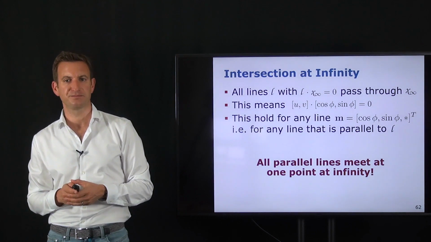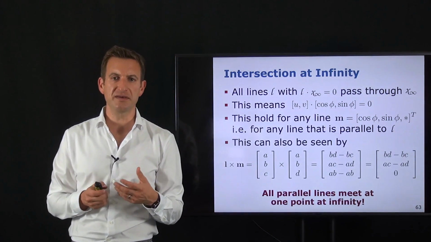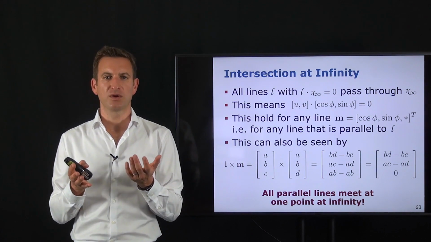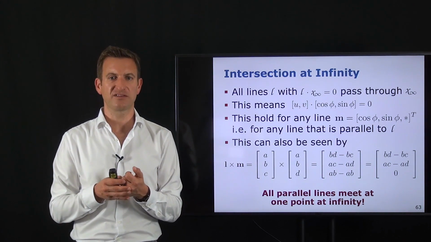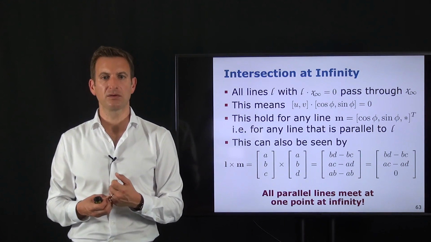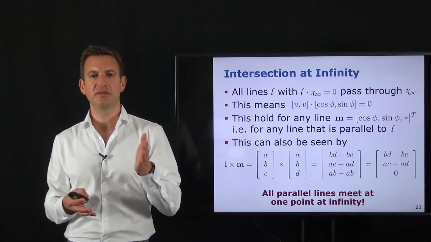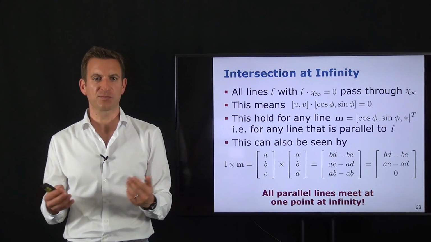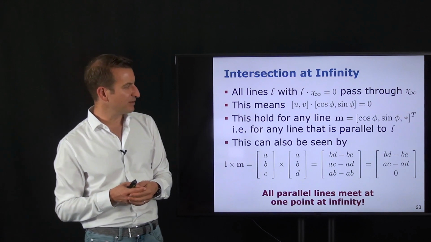If we have parallel lines, those parallel lines will intersect in one single point which is infinitely far away from us. We can also see this in a different way if we exploit the fact that we want to compute the intersection of two lines. There's something that we can do with a cross product, as we have seen just a couple of minutes ago.